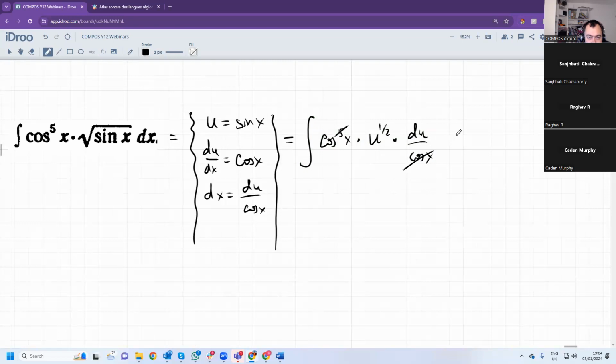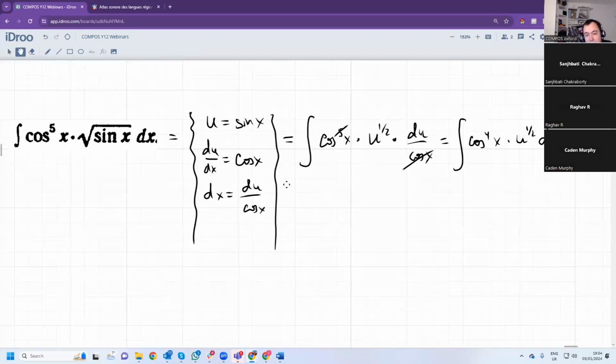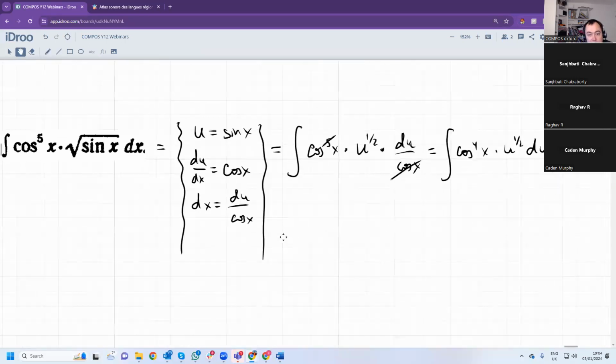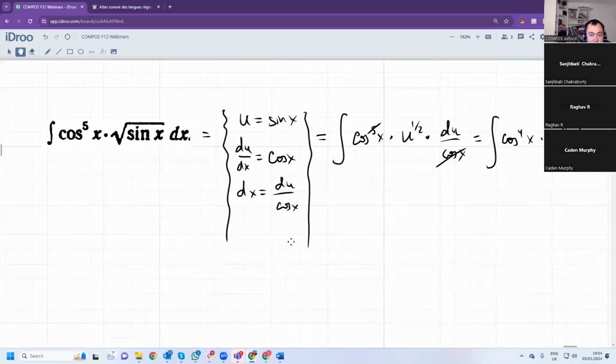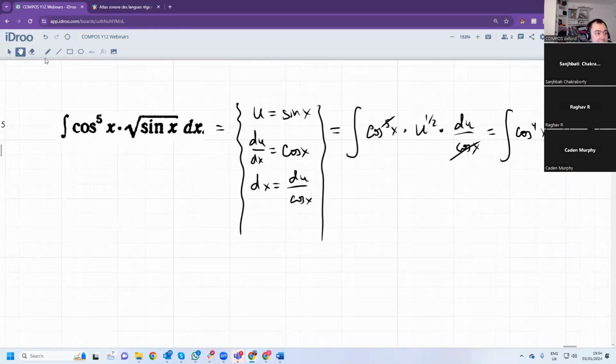Cos x cancels, and you've got the integral of cos to the power 4x multiplied by u to the power half du. Okay, so it's slightly harder than I expected.